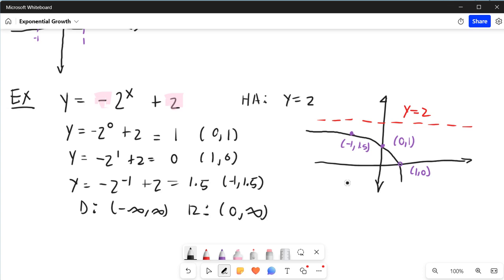Sorry, that's not correct. Actually, that should be from -infinity to 2. Okay, so here that's going to be from -infinity to 2 for the range. And of course, if we were going to plug that into our graphing calculator, that would give us more or less the same thing.